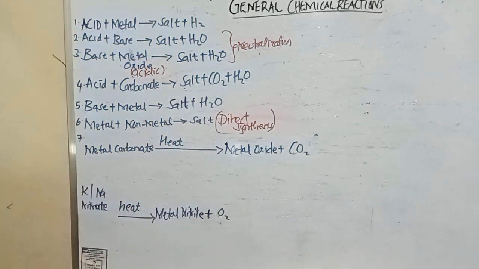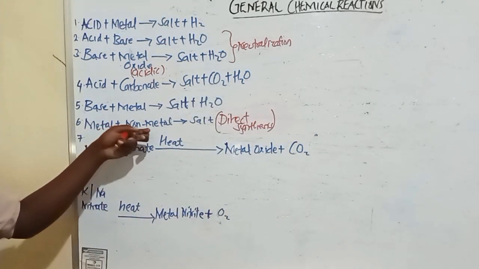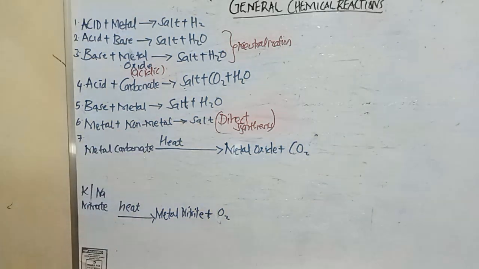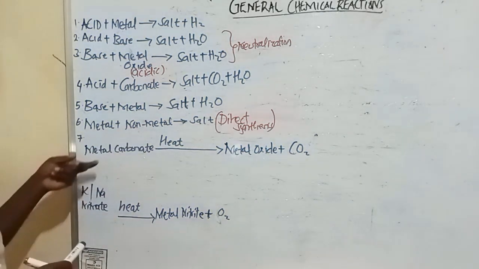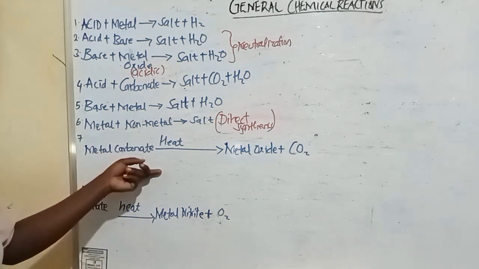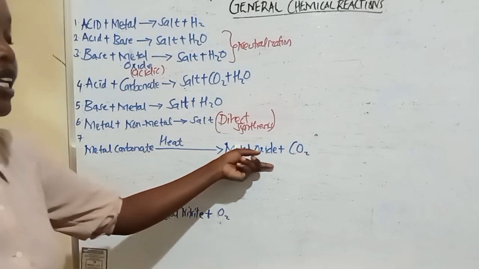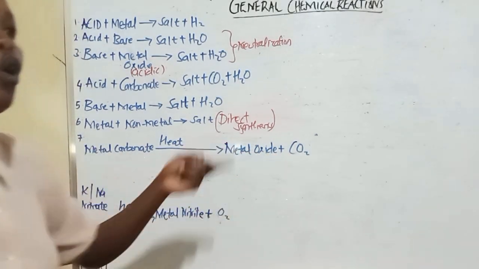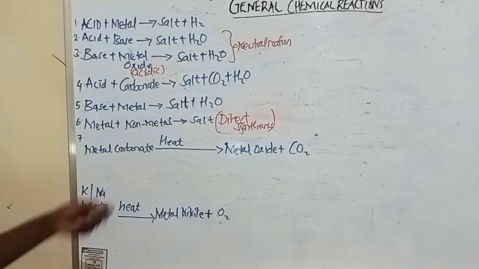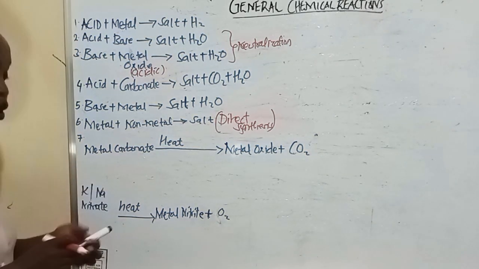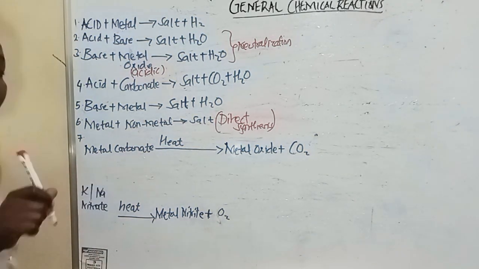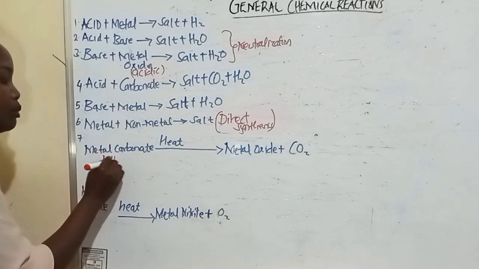Now the seventh one is decomposition reactions. So for a metal carbonate, when you heat a metal carbonate, the general equation is you get a metal oxide plus carbon dioxide. Now this is the exception of ammonium carbonate.